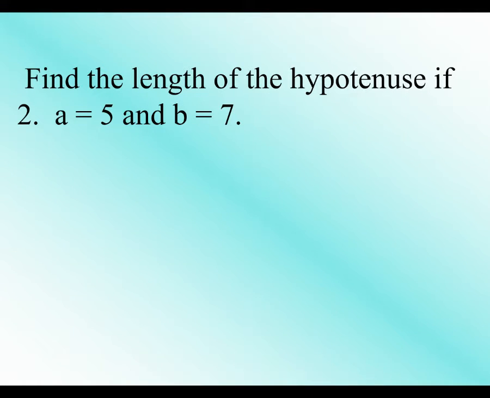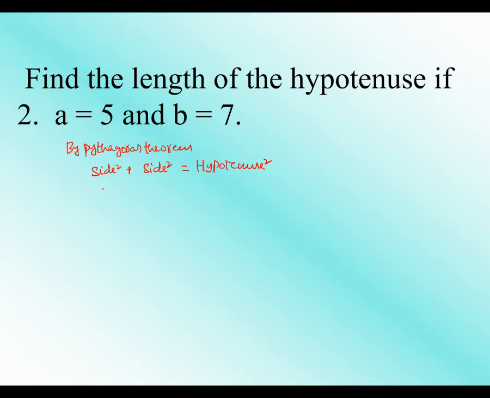Okay, find the length of the hypotenuse if a equals 5 and b equals 7. Once again, we follow the same rule, that is, the Pythagoras theorem. We take side square plus side square equals hypotenuse square.